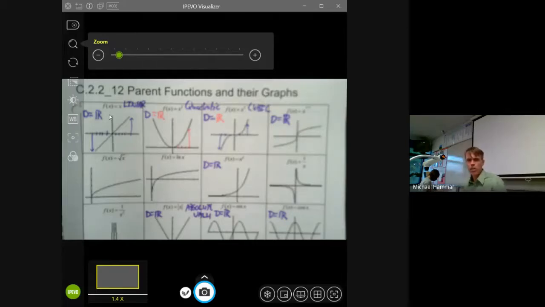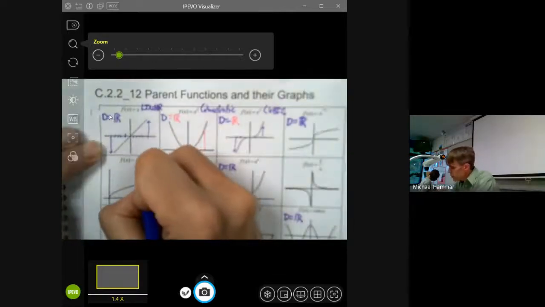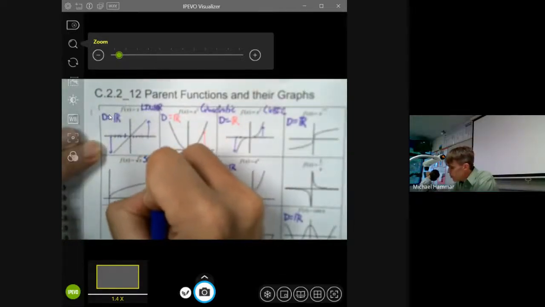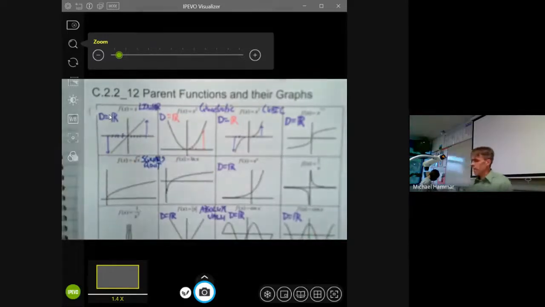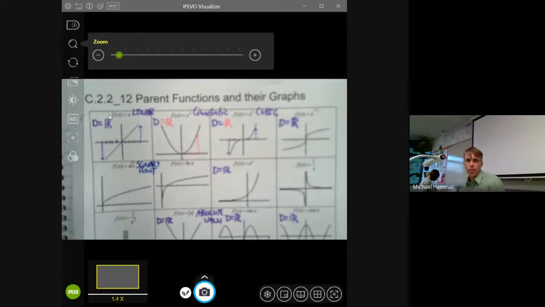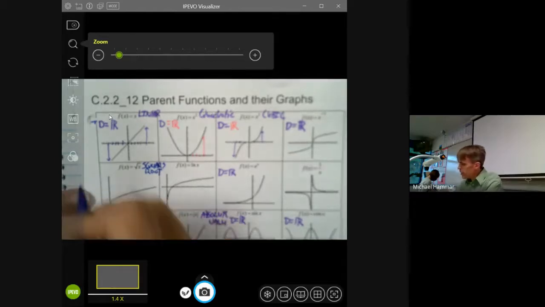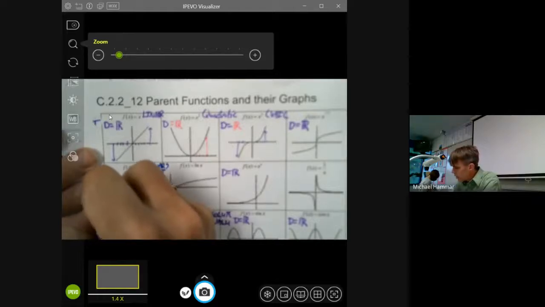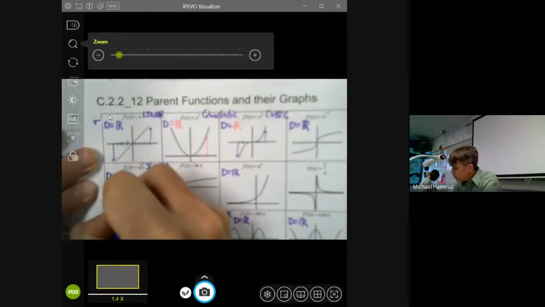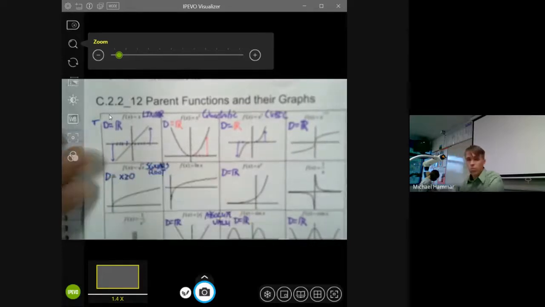Okay, so let's go back to the top and take a look at this function right here. This is, of course, a square root function. Now take a look at its domain. We know something about square roots, and square roots can't have values that are in the negative area. So just looking at this parent function, the domain is x has to be greater than or equal to 0.